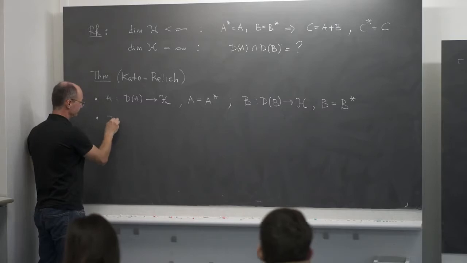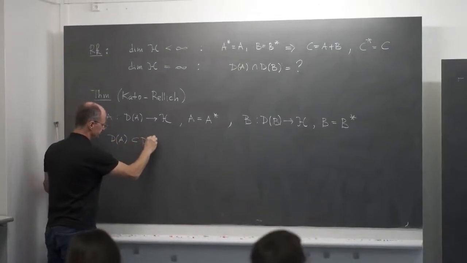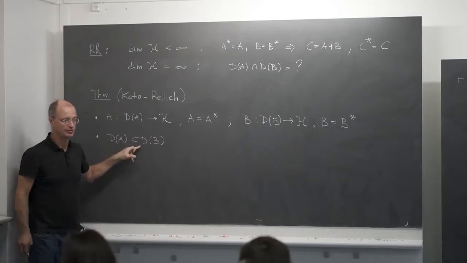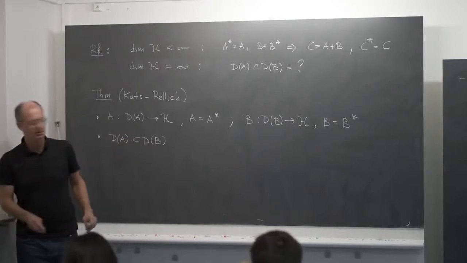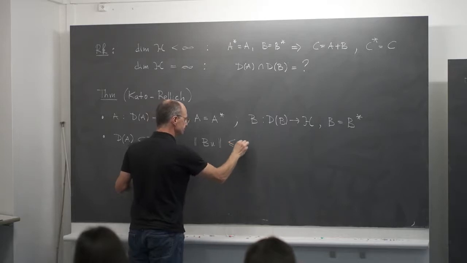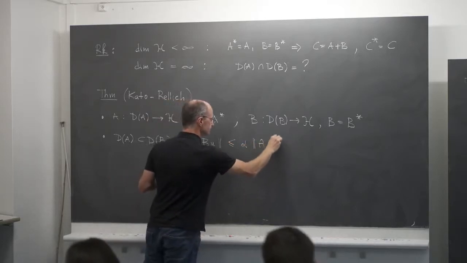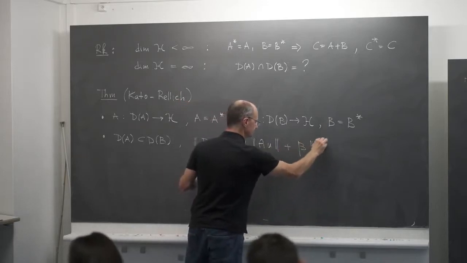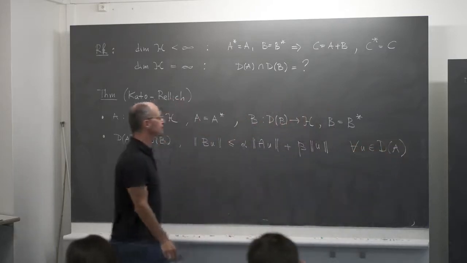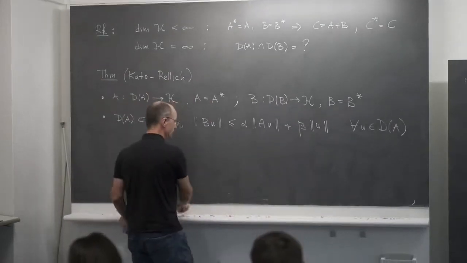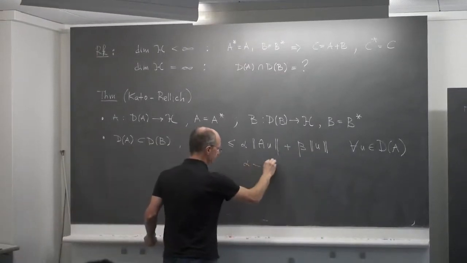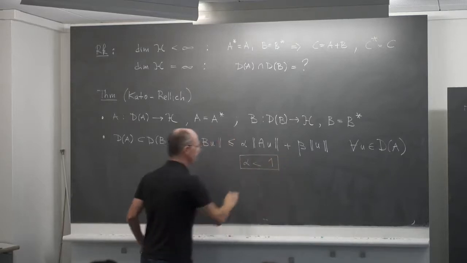First of all, we assume that the domain of A is contained in the domain of B. And we also assume that we have the following estimate, for all u in the common domain, which is the domain of A. And importantly, these are of course positive coefficients alpha and beta, and we assume that alpha is strictly smaller than 1.